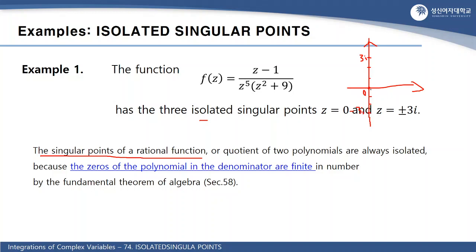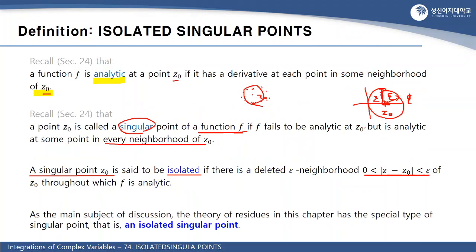There is enough space between 2 points here and here, for any pair of points. So we can have an epsilon ball here. Isolated can be defined with this deleted epsilon neighborhood, which is given in the form of this.